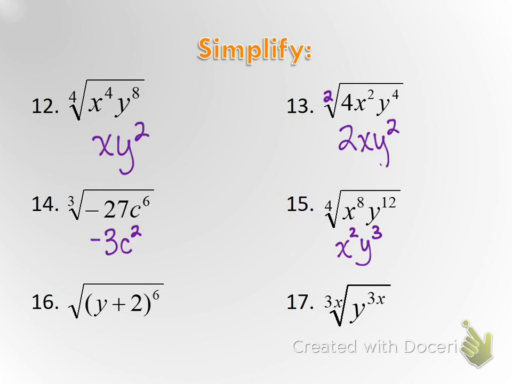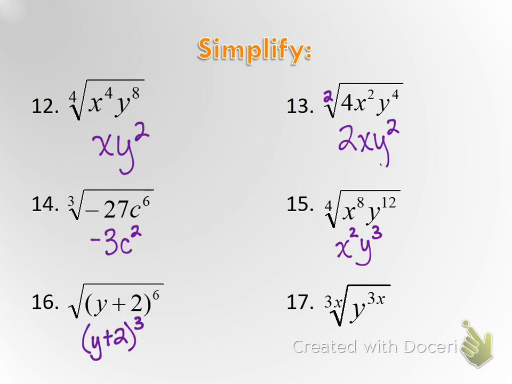All right, who has an answer for 16? Sadia? x, well, parentheses, y plus 2, cubed. Good. I would agree with that. So what this 6th power means is that we have 6 sets of parentheses of y plus 2.